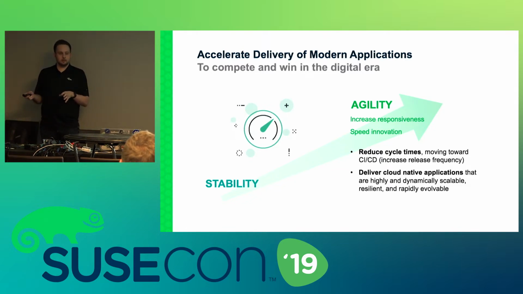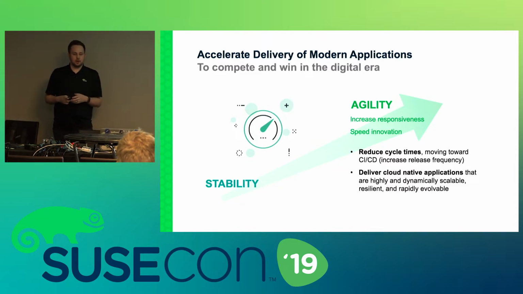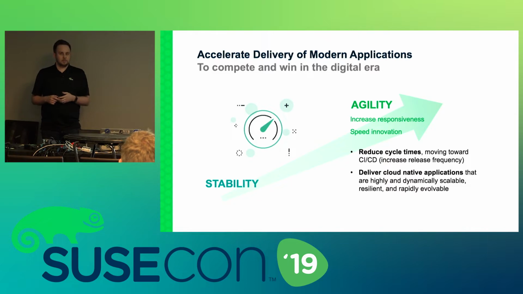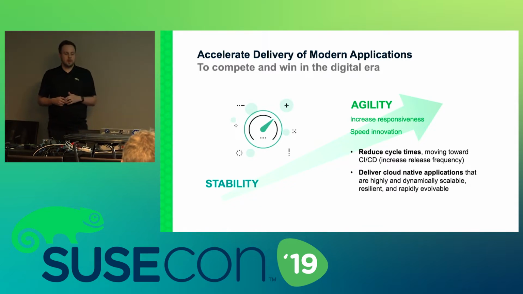Fundamentally, we're talking about reducing cycle times to getting code out there faster. Perhaps moving towards continuous integration or continuous delivery. Increasing the frequency at which code is pushed out, whether that's for consumption internally within an organisation or to your customers. And the faster that we can get that code out there, the quicker that your developers can get feedback on that code, and then ultimately that will result in a much better product overall.